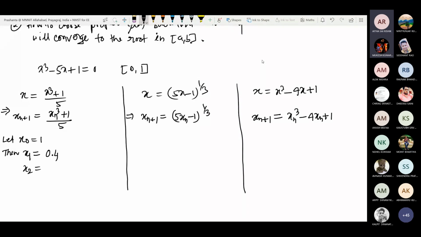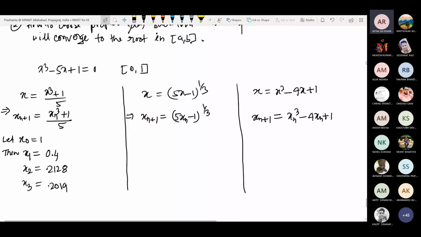Okay, so 0.2128. And what is x3? 0.2019.